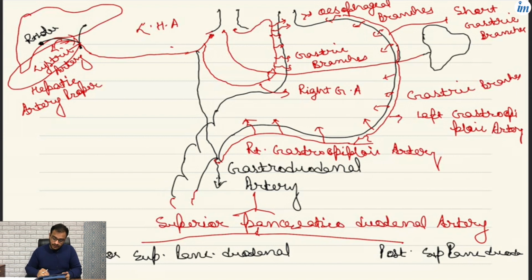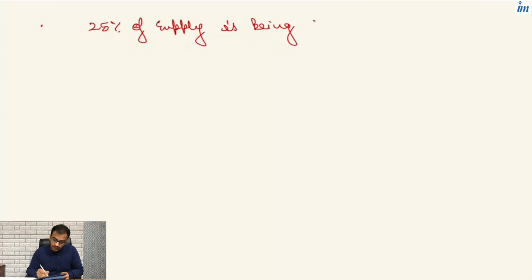Keep in mind, 25% of the supply to the stomach is supplied by the left gastric artery.